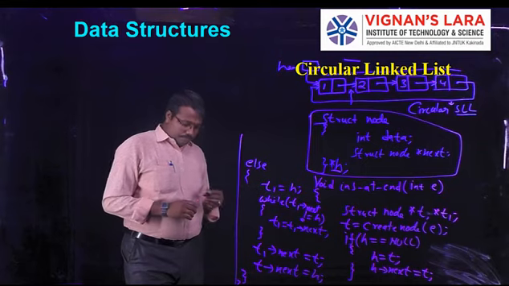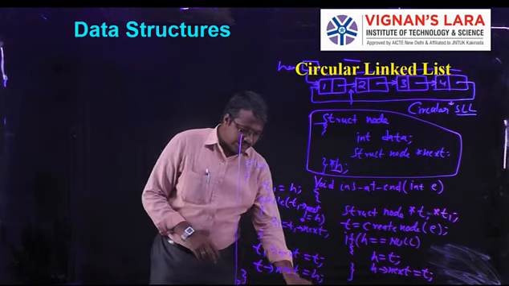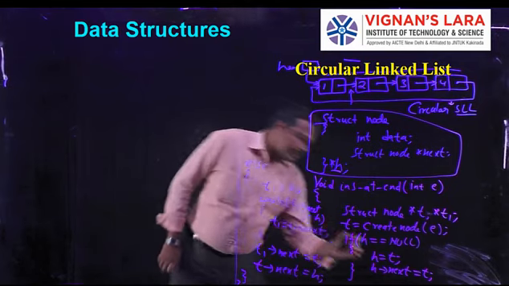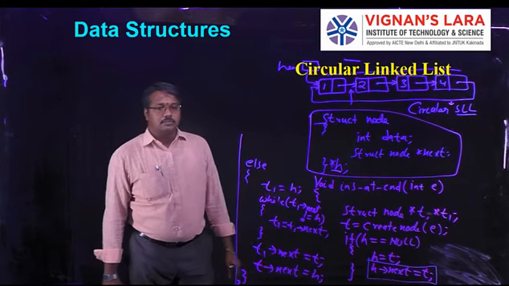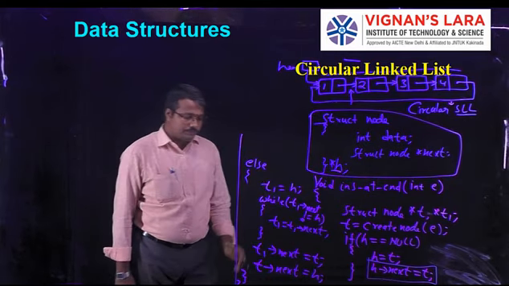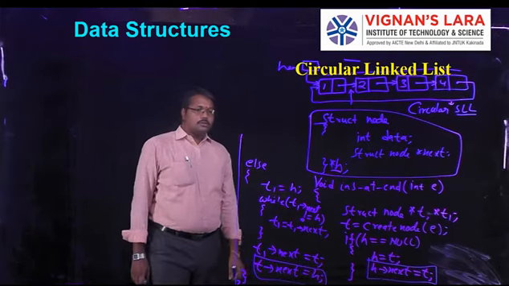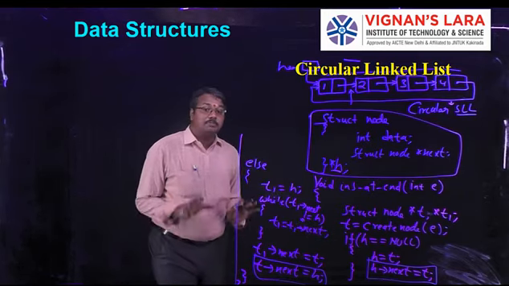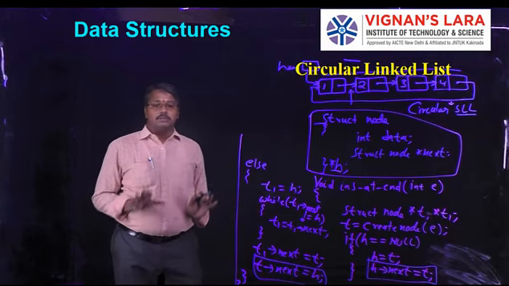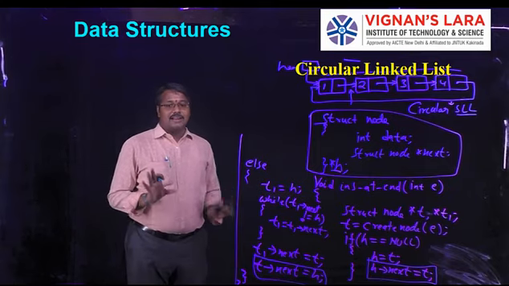So what are the major changes compared to the single linked list? Here, this is the statement we changed, which is not in the single linked list, and this is the statement we changed, which is also not there in the single linked list. So the perspective of these two statements is that the last node's next field consists of the starting node address.